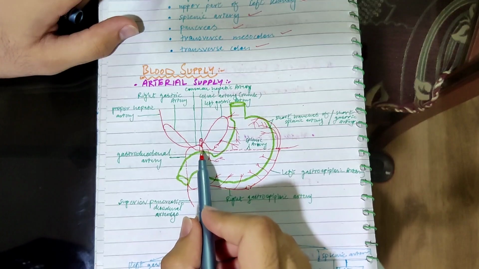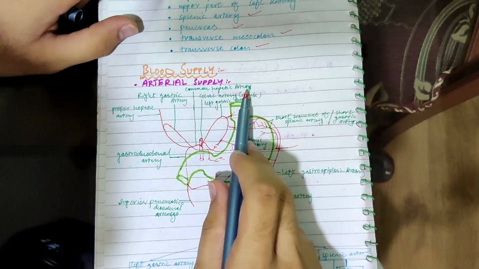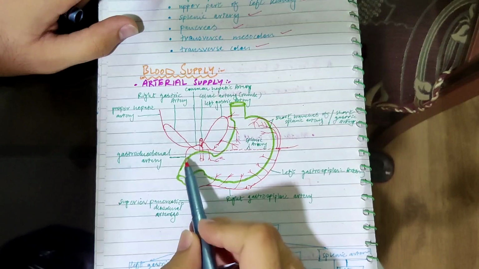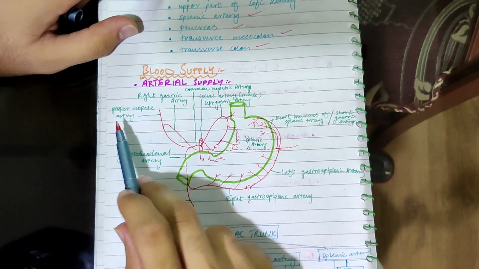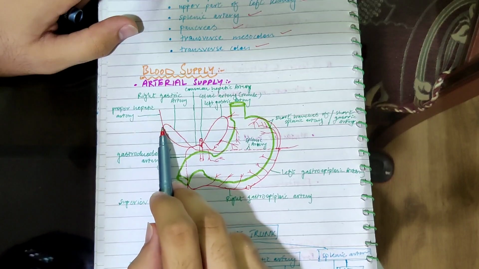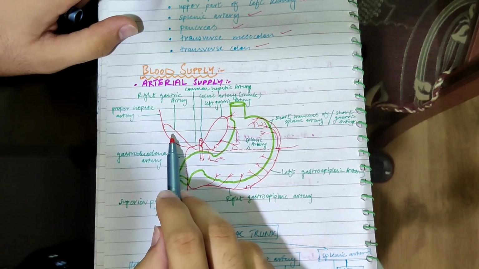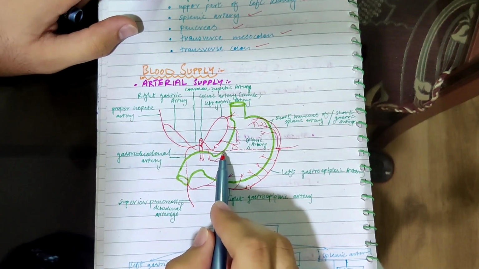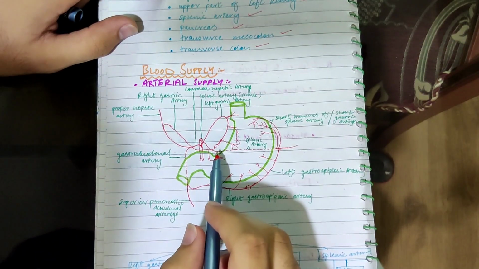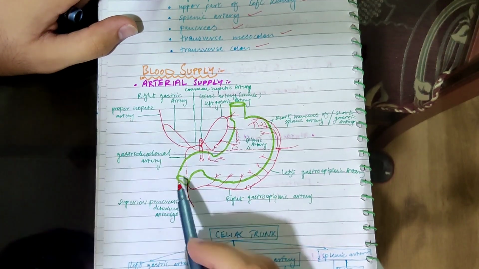So the third artery from the celiac trunk is called the common hepatic artery, and it divides into two branches. The first branch goes to the liver, so it is called the proper hepatic artery, and it gives a branch called the right gastric artery, which also supplies the inferior part of the lesser curvature. The other branch of the common hepatic artery is the gastroduodenal artery.